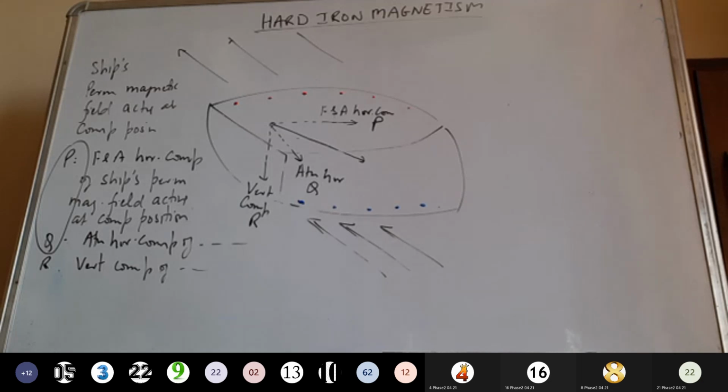That is the value you see in the deviation card. But if you remove all the corrector magnets, what will happen? Your deviation will become 40 degrees. So then your true course is 210 and the compass course is coming out to be 250, 255. That is too much.